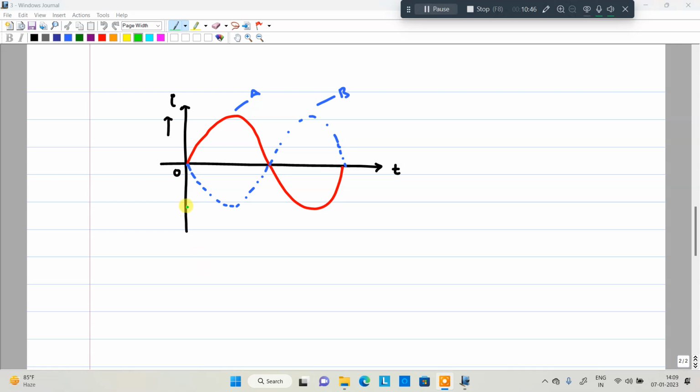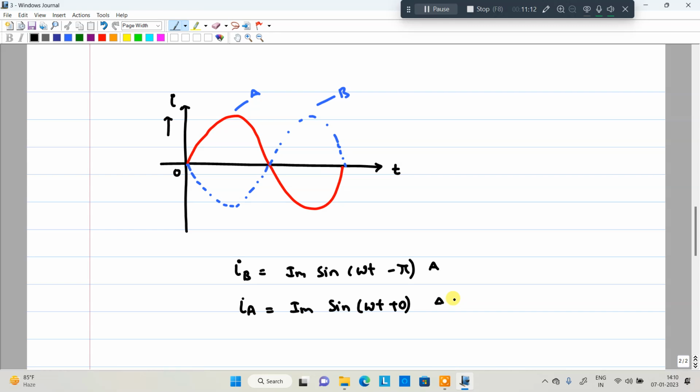Okay, clear? So IB is equal to IM sine omega t minus 180 degrees. What about IA here? IA is the same as usual, IM sine omega t plus 0. This is the way to write all the equations.